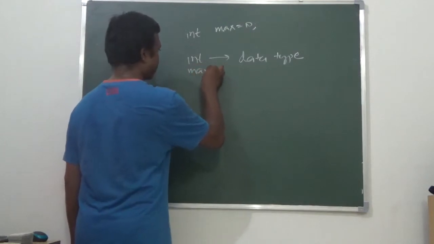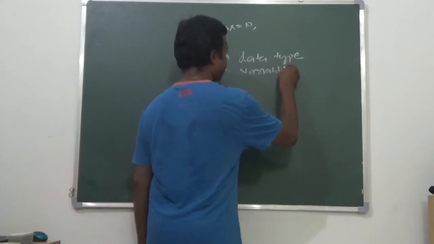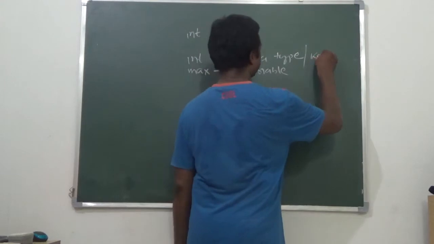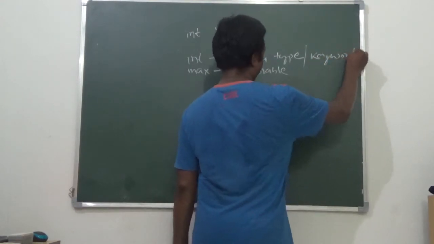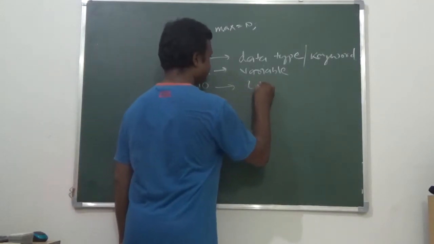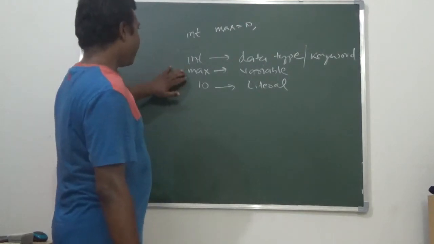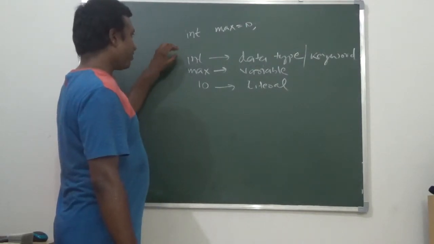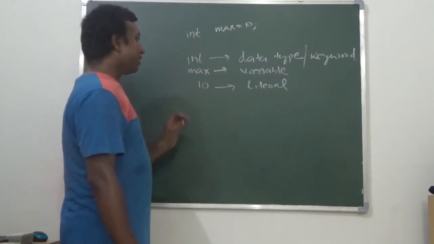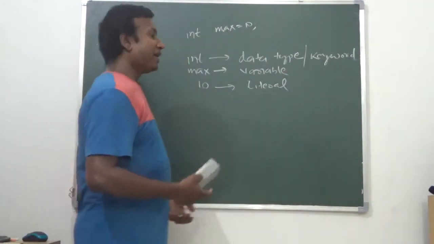Max is a variable. And 10 is a literal. So this int is a data type and keyword, max is a variable, 10 is a literal. We are going to identify that by having a token.